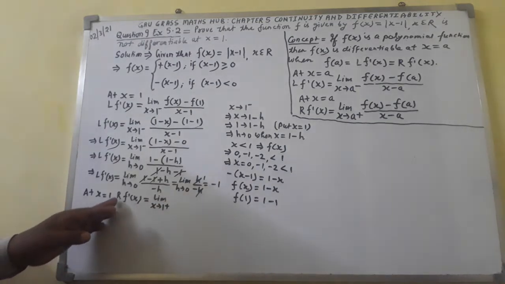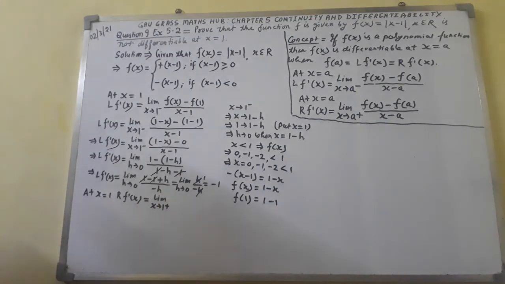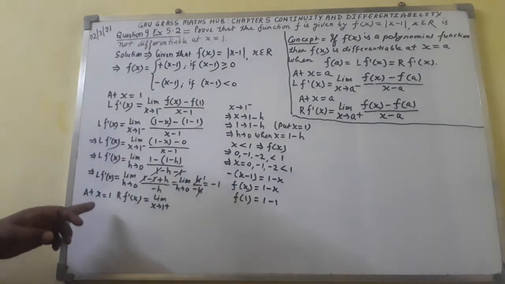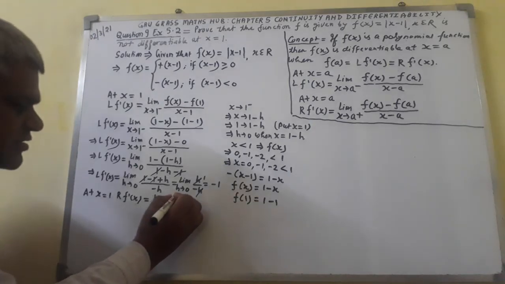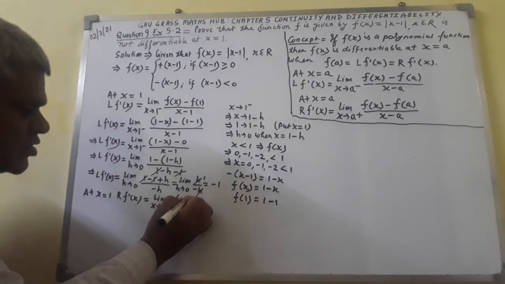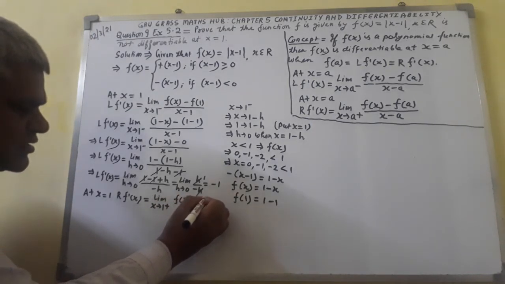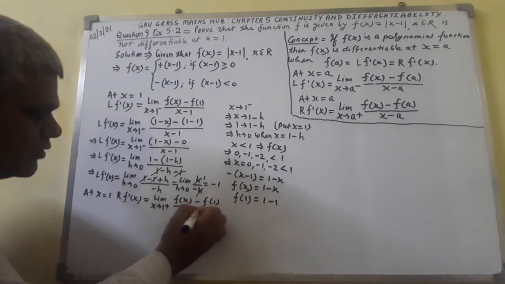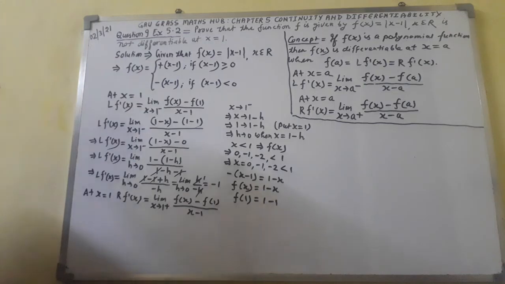Why positive? Because here right is written. And the same thing I am going to reflect at x equal to 1. So here write f of x minus f of 1, whole over x minus 1.